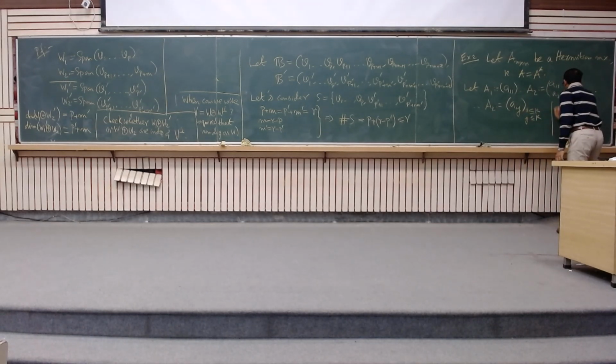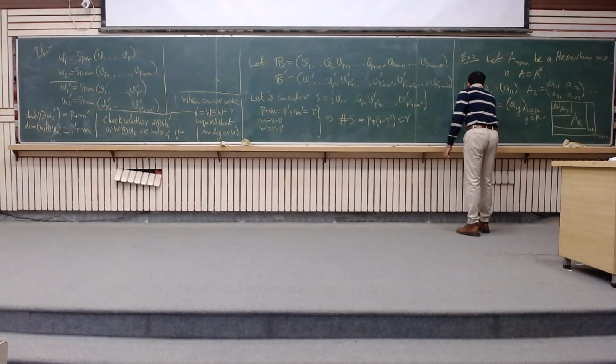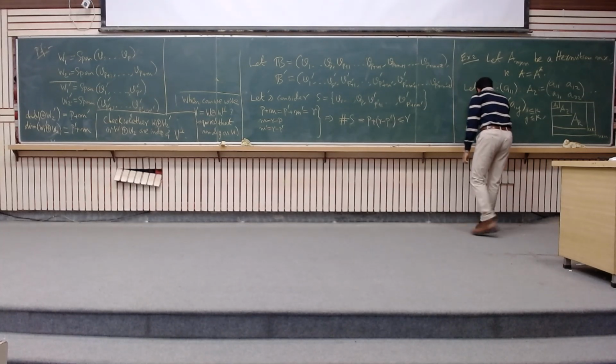So which submatrices are we considering? This is just A1. This entire thing is A2, and so on. This was 1 cross 1, this is 2 cross 2, and this is K cross K. And the entire thing is then n cross n. So in particular, An is equal to A.